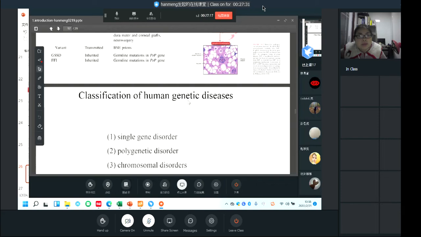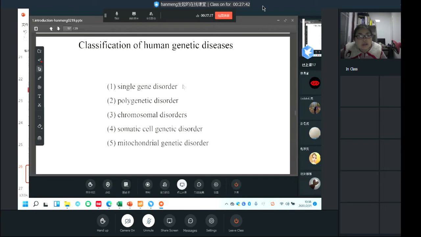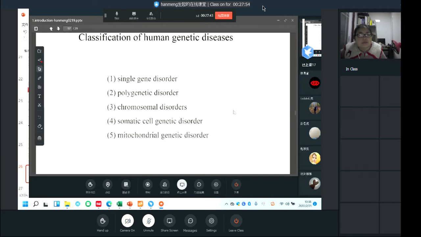According to the cause of the genetic disease, genetic disease can be classified as single gene disorder, polygenic disorder, chromosome disorder, somatic cell genetic disorder, and mitochondrial genetic disorder. So we will learn the single gene disorder first. Monogenic diseases are diseases caused by mutation in a single gene.